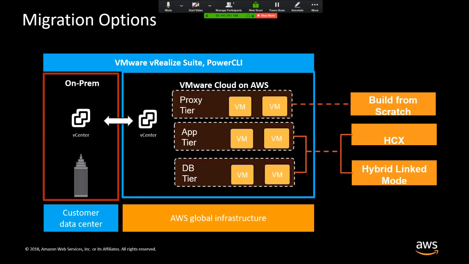One is Hybrid Cloud Extension, HCX, which is bundled as part of the VMware Cloud on AWS service. And the other is Hybrid Linked Mode, where we can establish a linked mode between our vCenter on-prem and our vCenter in VMware Cloud on AWS.